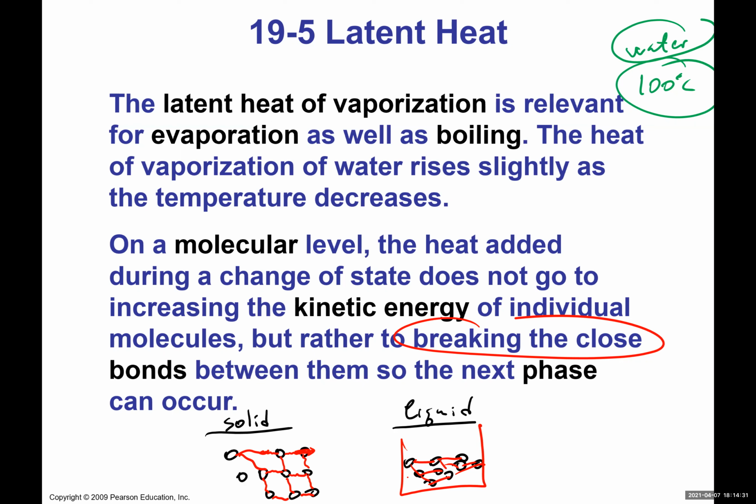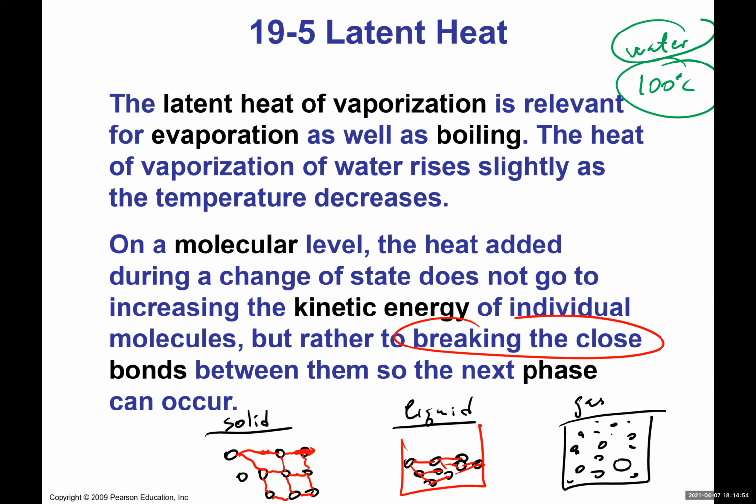And if I add even more energy, then they will start moving even faster relative to one another, and they can break away from those strings as well. So in a gas form, you can think of those molecules as completely free from one another, moving far apart in random directions and things like that.